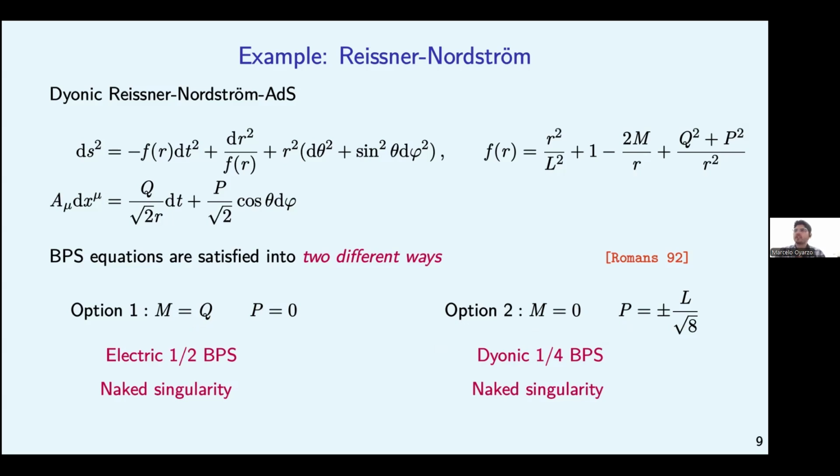And these 2 configurations preserve some amount of supersymmetry, but they are naked singularities. There is one aspect that I want to stress here: asymptotically, these 2 configurations are essentially very different.